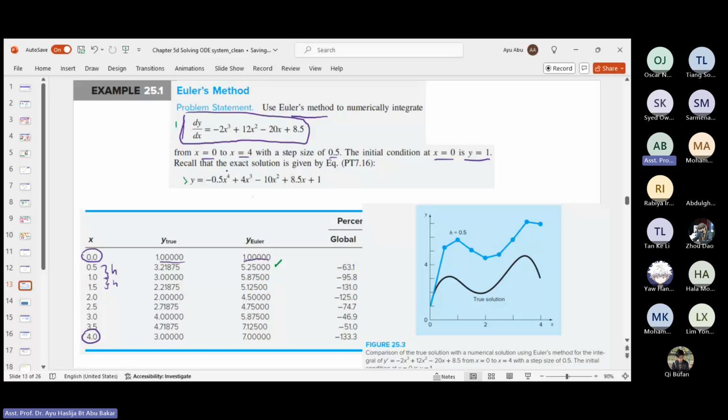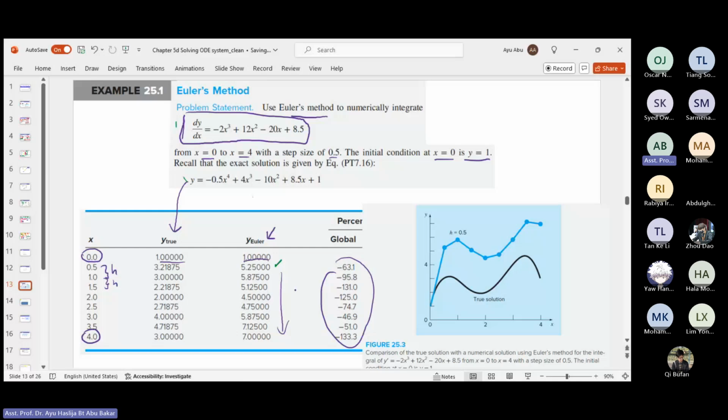Okay, recall that the exact solution is given by this equation. This is to find the y true. So from here you see it calculated for each step size, each x value, the y Euler. We focus on the y Euler. So you see the range of the values, then the error. You can see there is variation of error.